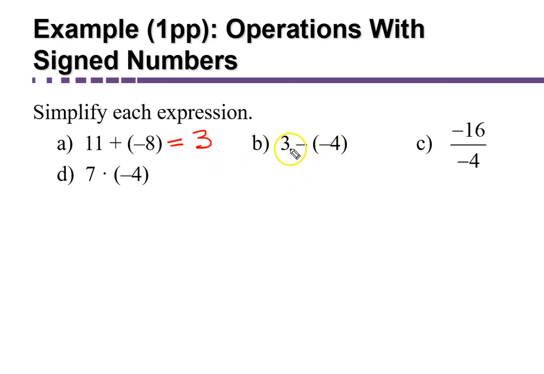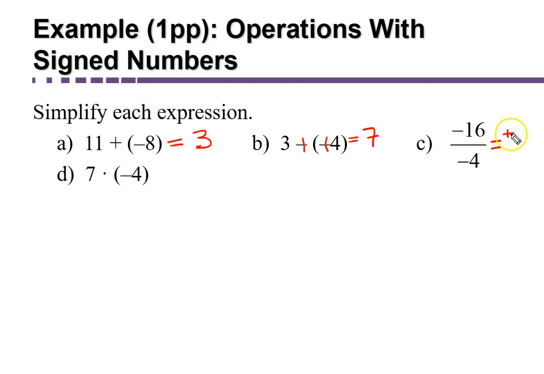Now, here you have to be careful because you have to make some judgment calls initially. What do you do first? Well, the opposite of a negative will make this a positive. So now you could write that as a second step or just do what I've done. And this is 7. Now here our signs are the same, so our answer is going to be positive.